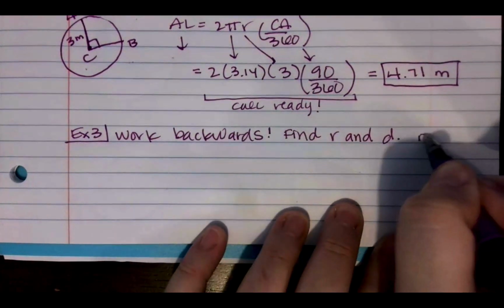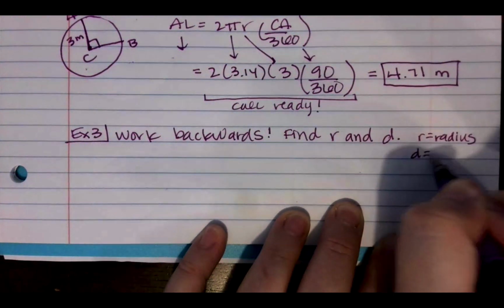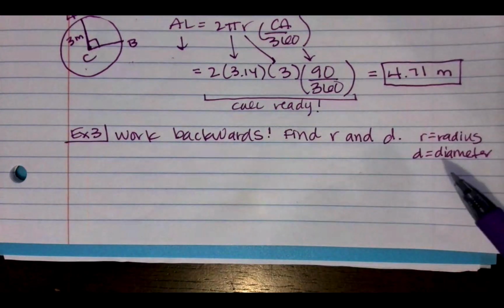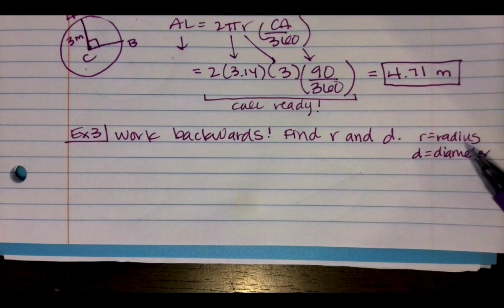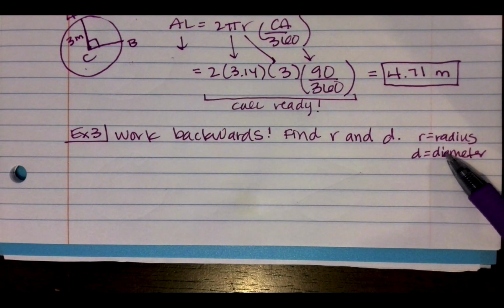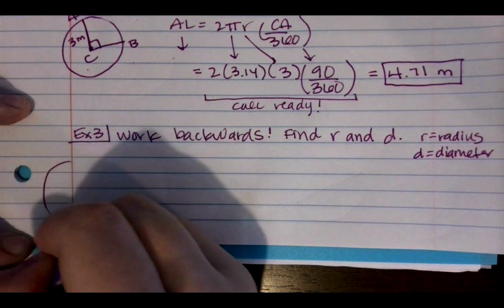So I'll make a little key for us right here. R is radius, D equals diameter. And let's just go ahead and talk about it real quick. If we know the radius, we just double it to get the diameter. If the radius is 5, we double it to get 10 to get a diameter. Okay, let's draw a little picture.